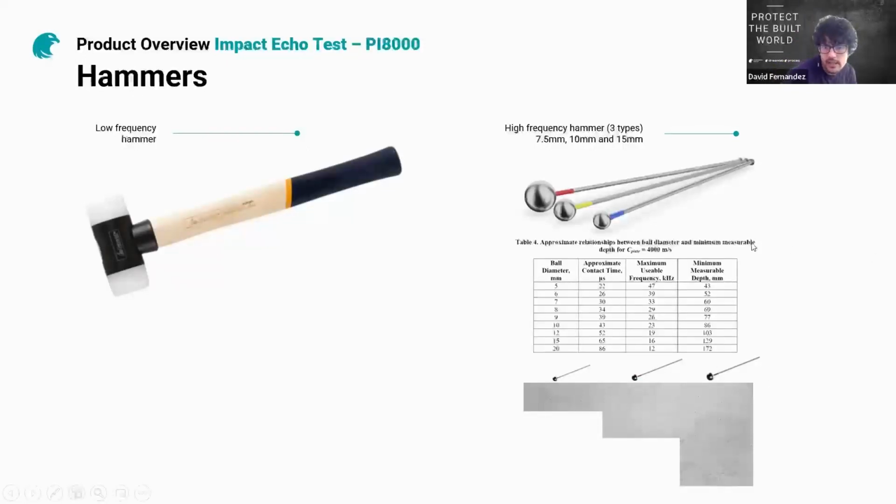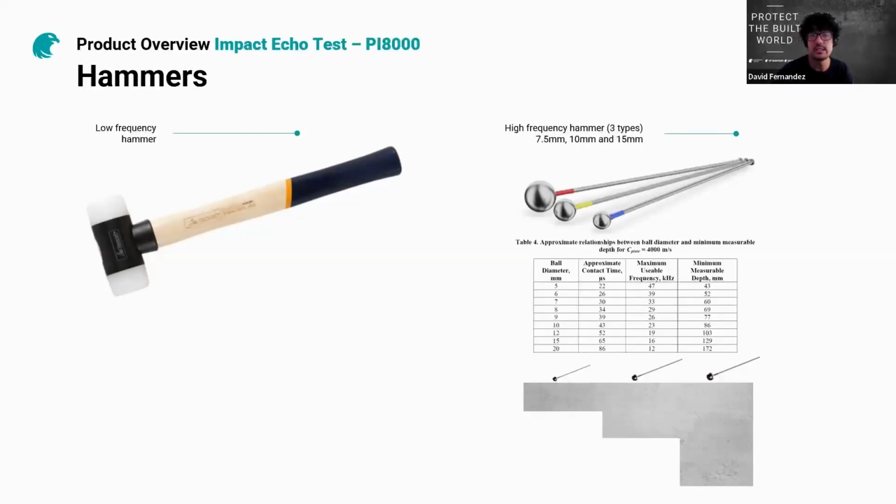The smaller one is useful when you want to check thinner elements and superficial defects, because it creates a high frequency wave which has less penetration but much more accuracy.